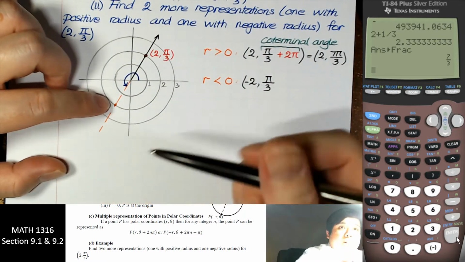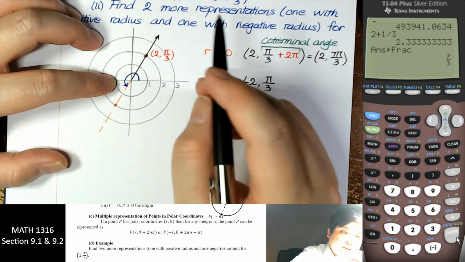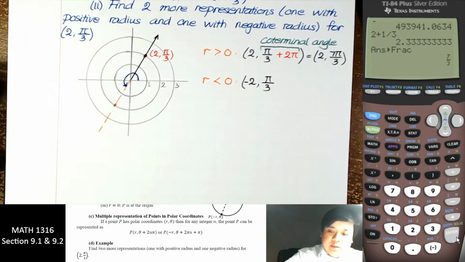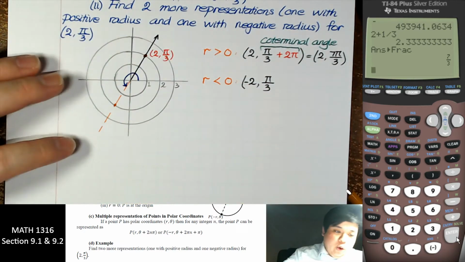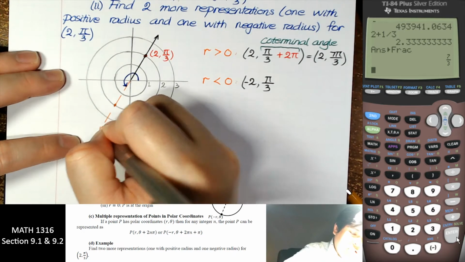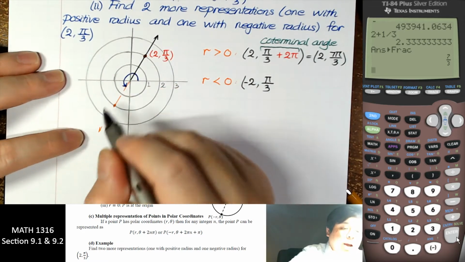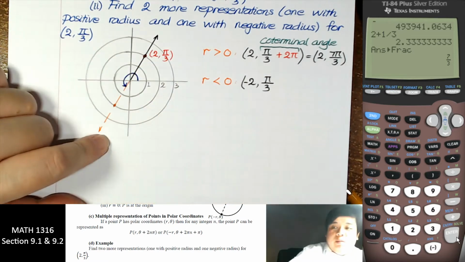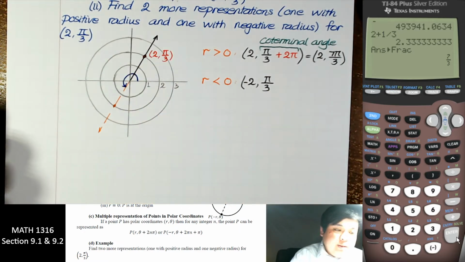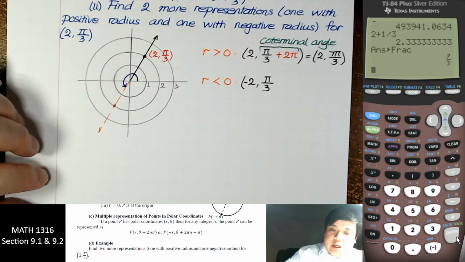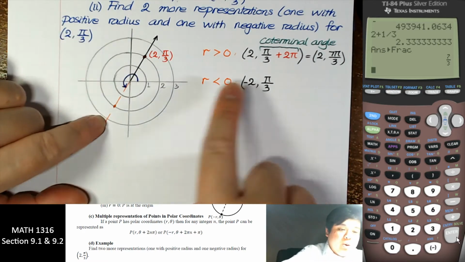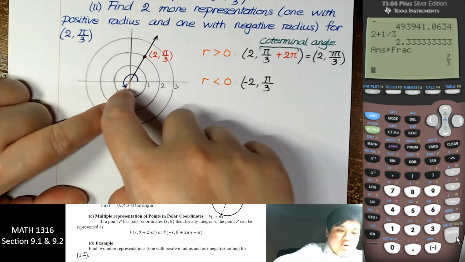So if we go -2, and go in this direction, and then we have to go back. So in that case, if we go with -2, we have to go with an extra revolution.